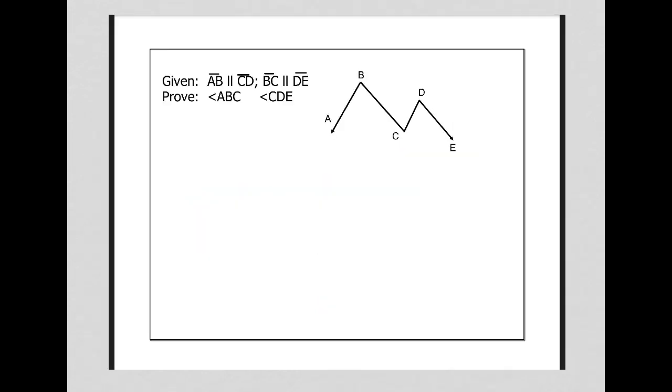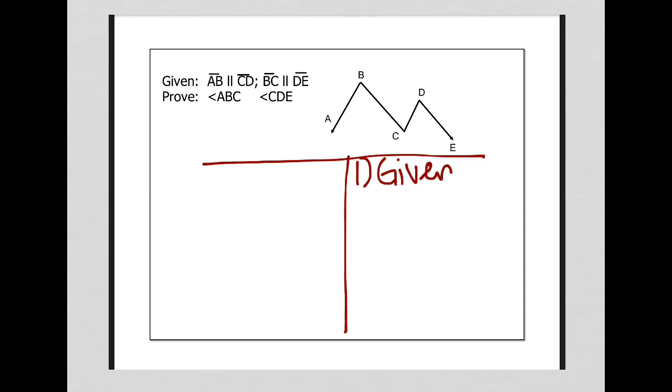So next, this should be proof number 13 in your packet. Again, we start with our 2 columns, and number 1 is always what we're given. In this case, we're given AB is parallel to CD, and that BC is parallel to DE.